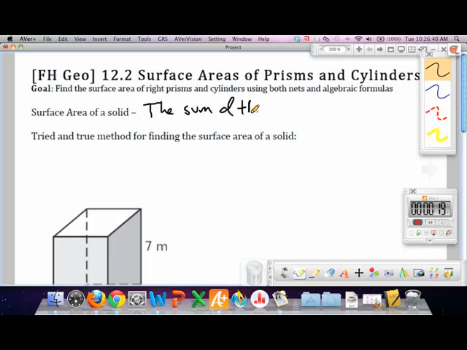One method is to find a net, which is simply a 2D drawing of a 3D figure.